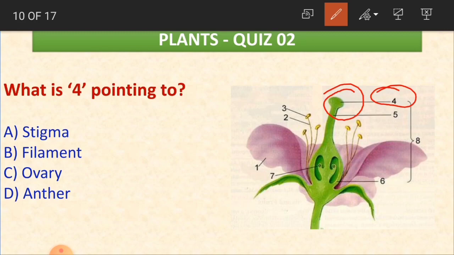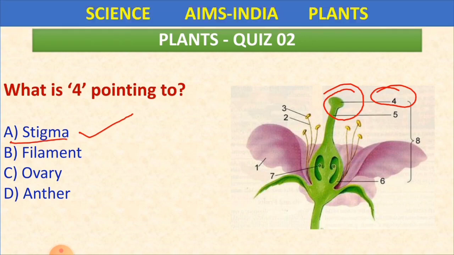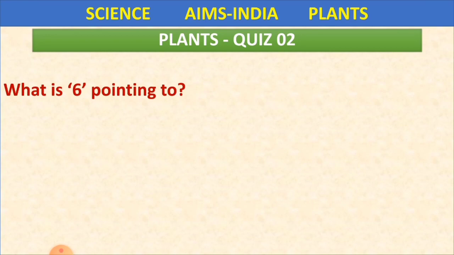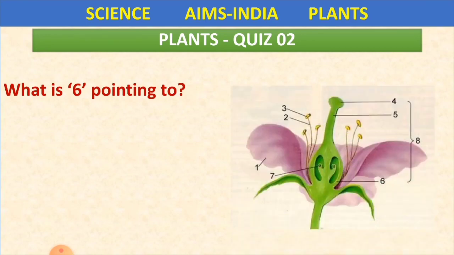What is this? Yes, stigma. The answer is stigma. Okay, children, so we'll go for the next question. Is it clear for you? We are revising whatever we have learned today in the form of questions and answers here.